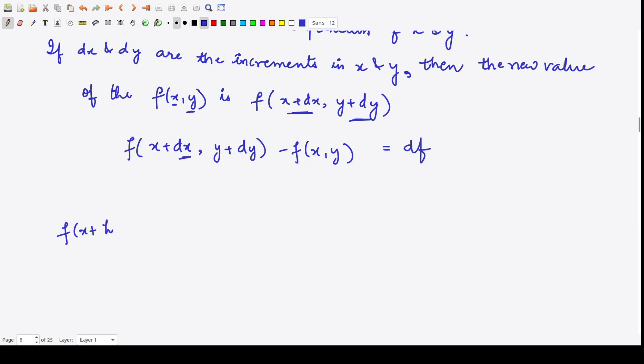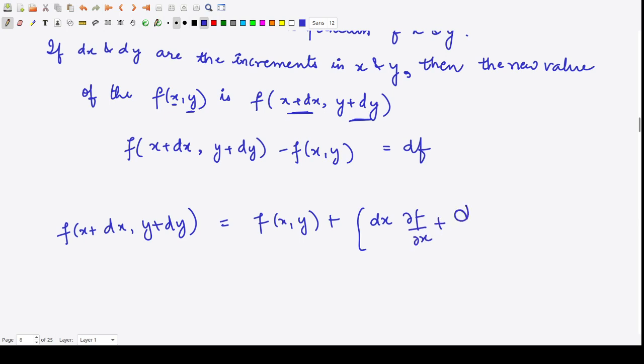H was the increment in x, so now it is dx. So f of x plus dx, y plus dy equals f of x, y plus dx times the partial derivative of f with respect to x, plus dy times del f by del y, and then so on, the higher order terms, the second order terms.